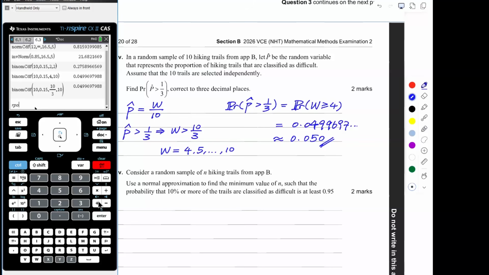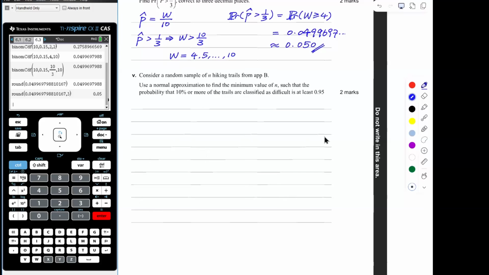Okay, consider a random sample of n hiking trails from app B. Use a normal approximation to find a minimum value of n such that the probability that 10% or more of the trails are classified as difficult is at least 0.95. So for P hat, in this case, I'm using mu equals the probability of success, which is 0.15.